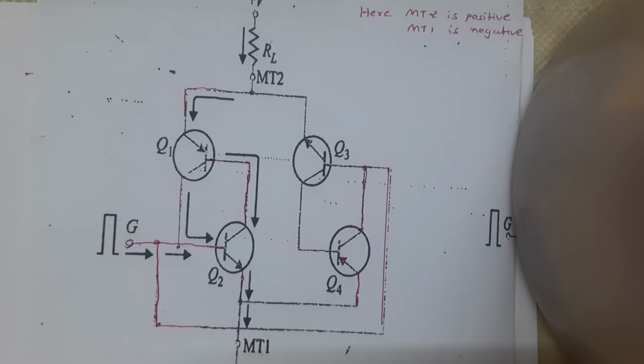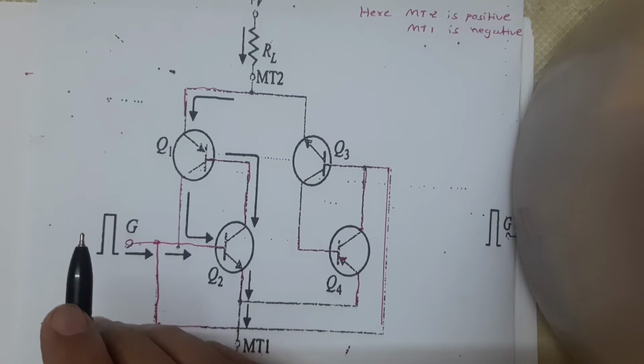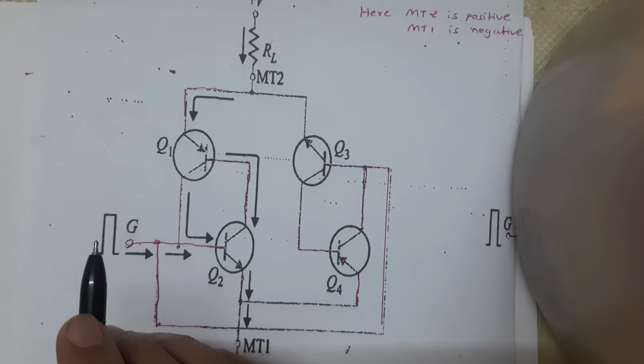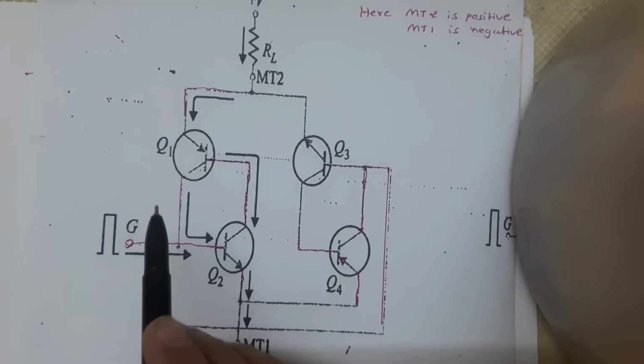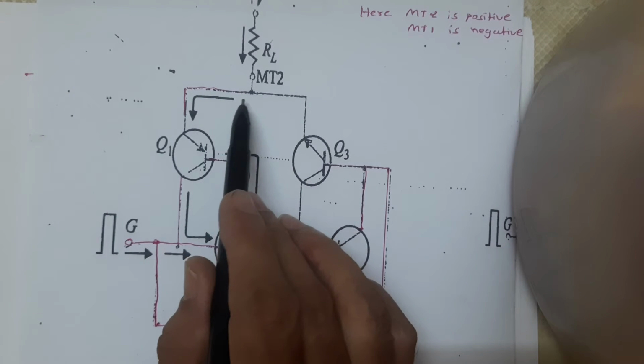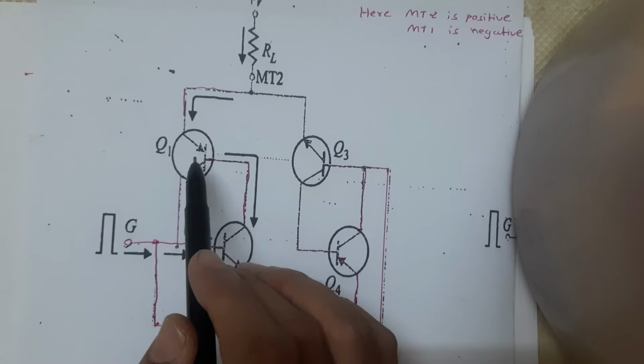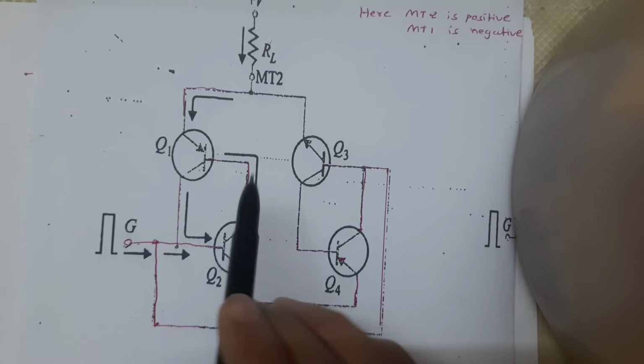In terms of the transistor equivalent circuit, Q1 and Q2 are forward biased while Q3 and Q4 are reverse biased. Therefore, transistors Q1 and Q2 conduct current as shown in the figure. So the current passes through transistor 1, and then passes in this way.